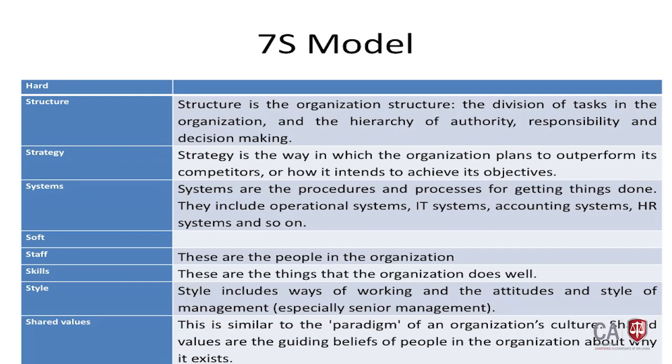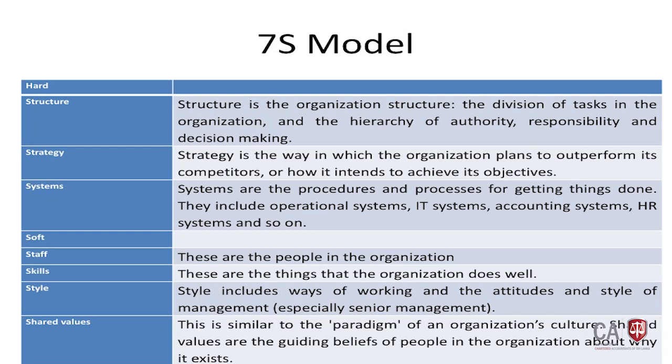So, we look at each element. First of all, we look at the structure. What is structure? Structure means the organizational structure. What type of structure can you see in organizations? For example, it can be a functional structure or a divisional structure.